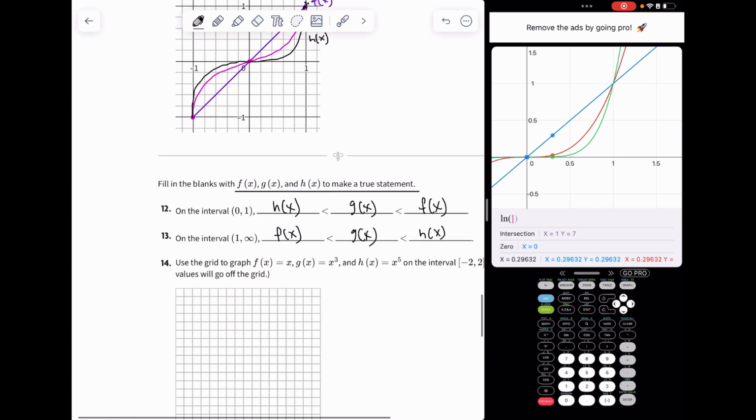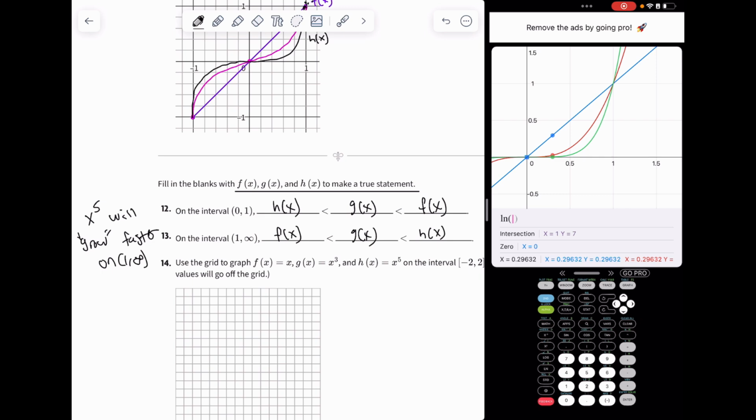Okay, so x to the fifth will grow faster between 1 and infinity.